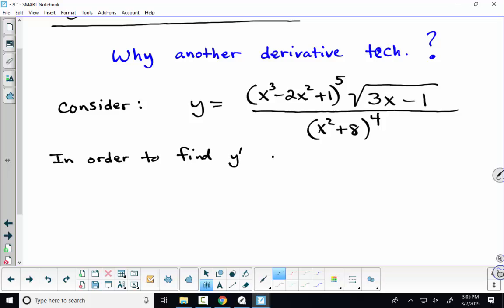In order to find y prime, we need quotient rule, product rule, and a chain rule.